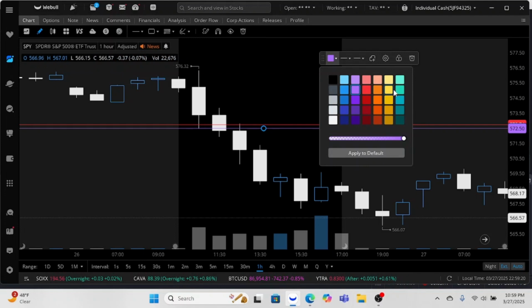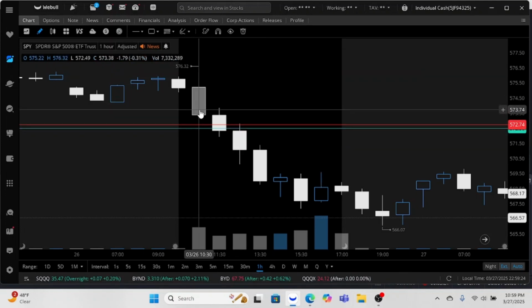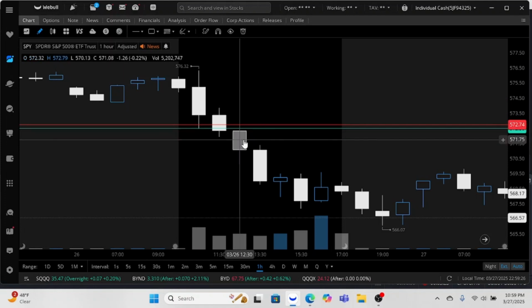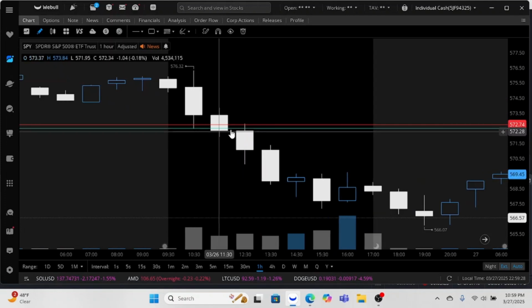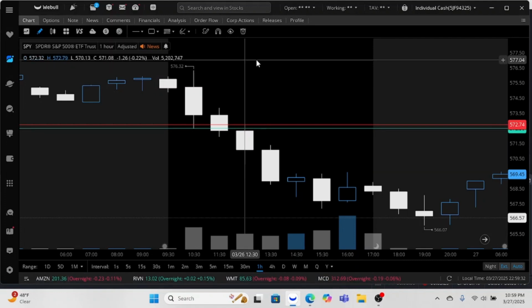Make the low of that candle green, and the low of candle number 1 green, and the high of candle number 3 red. Look how the red goes past the green and it overlaps. So there's no gap.